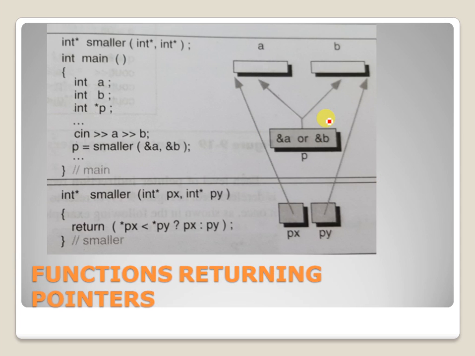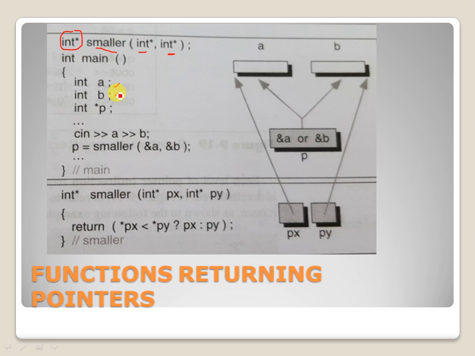Okay, so let's see how we can work with pointers and functions. In this case, if you see, this is the integer function, the function that is returning an integer pointer. This is the name of the function, followed by two parameters, that is again the pointers, the formal parameters.